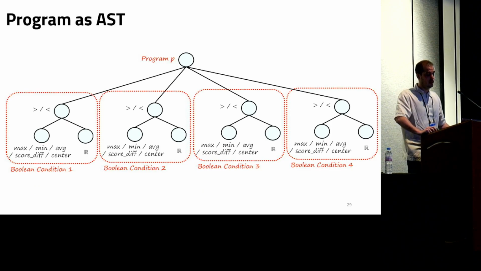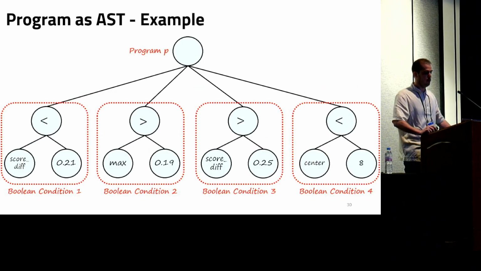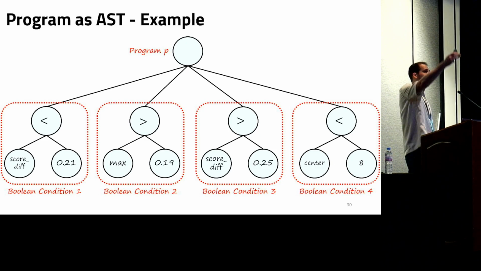Now we can represent any program as an abstract syntax tree that contains the details about each condition. Let's see an example of a program. Assuming that we tried the given adversarial example and it wasn't successful, unfortunately. Now the first condition leads to pushing nearby pixels to the back of the queue if the confidence difference before and after the perturbation is below 21%, while the third condition leads to pushing nearby pixels to the front of the queue if the same confidence difference is above 25%.